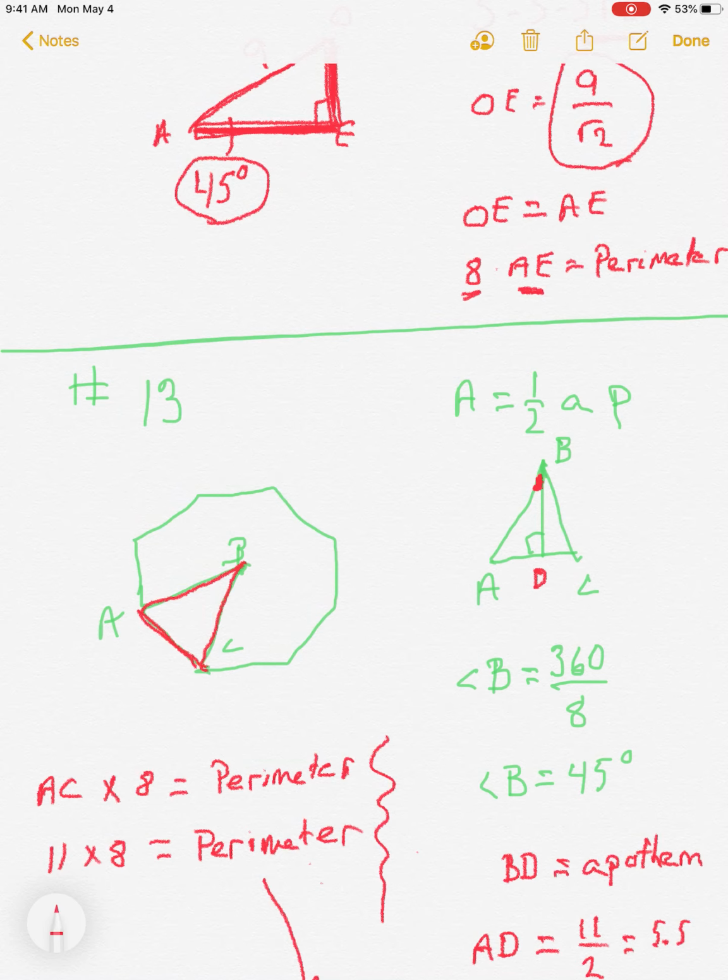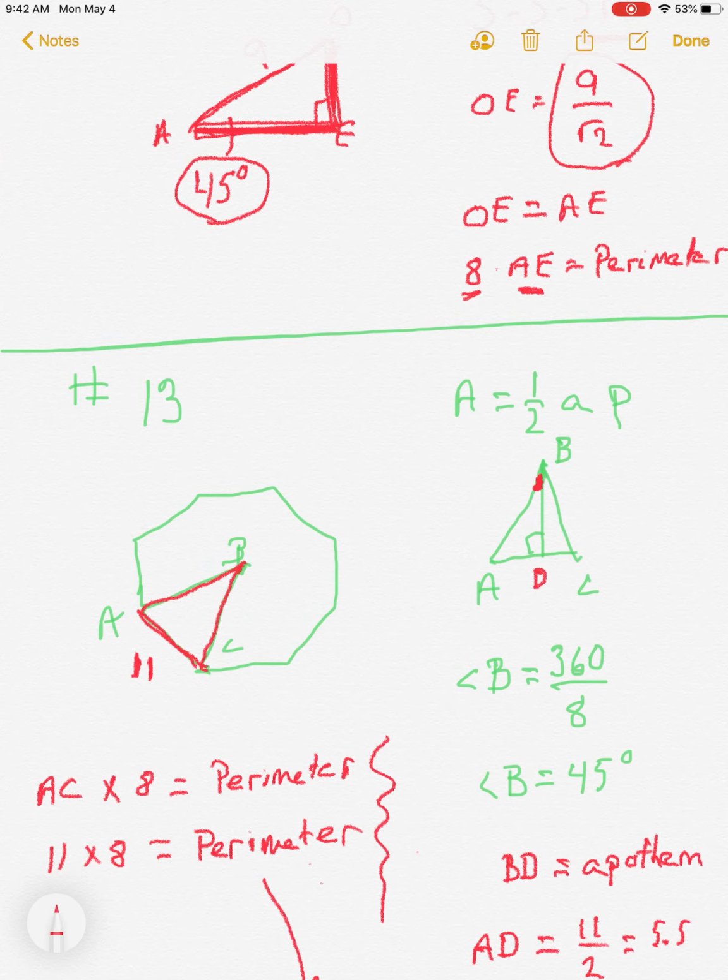I'm going to label it ABC, where B is the center point, and AC is part of the perimeter. Notice in this problem number 13 that each part of the perimeter is 11 units long. Now, one of the first things I did is I tried to find out what is the angle.